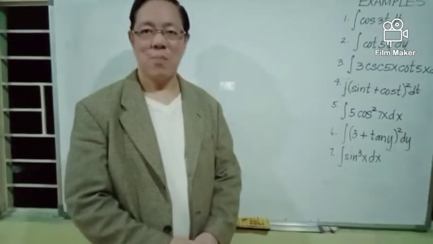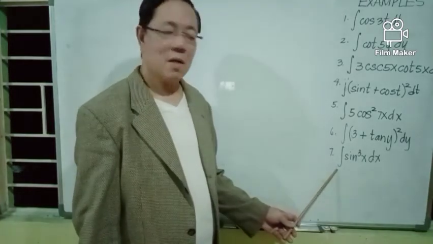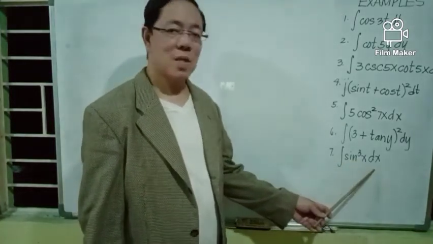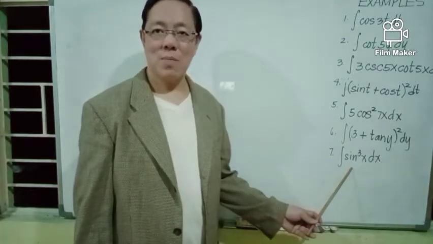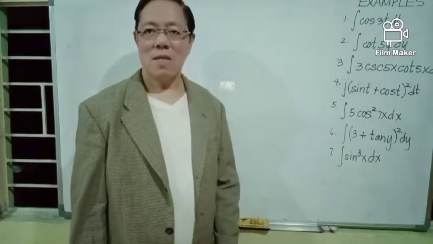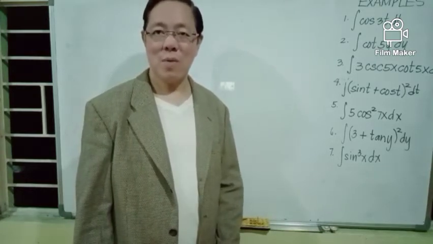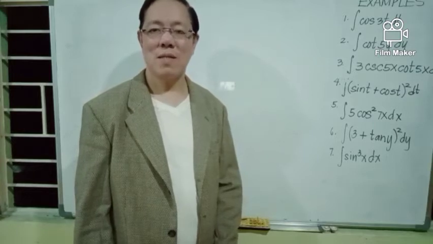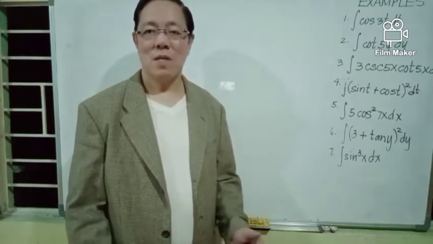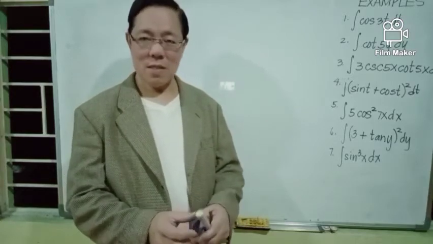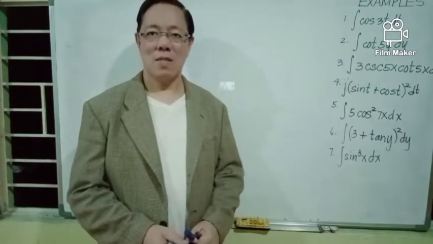For our last example, consider the following. We are given the integral of the cube of sine x with respect to x. Obviously, this is not readily integrable, but if you can remember, we have a trigonometric identity involving the square of sine. In particular, we have the Pythagorean identity that says the square of sine plus the square of cosine is equal to 1.